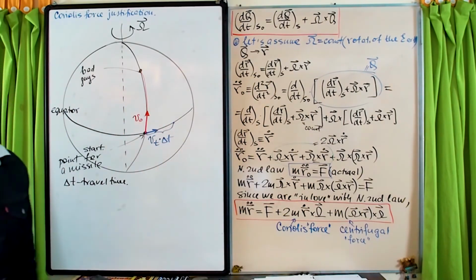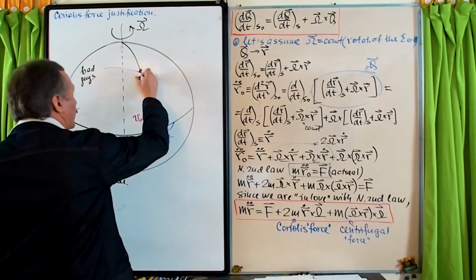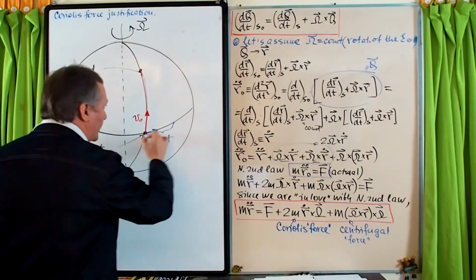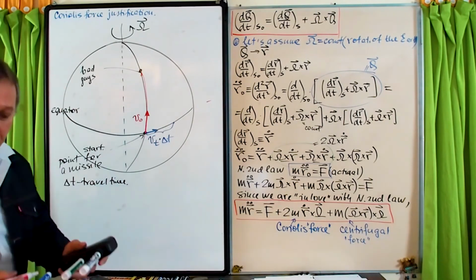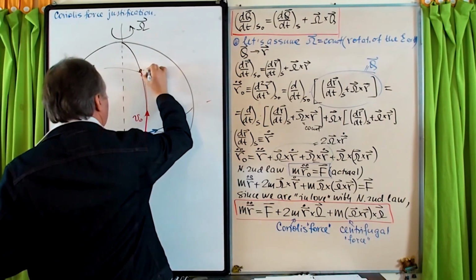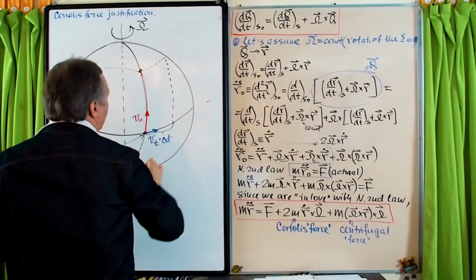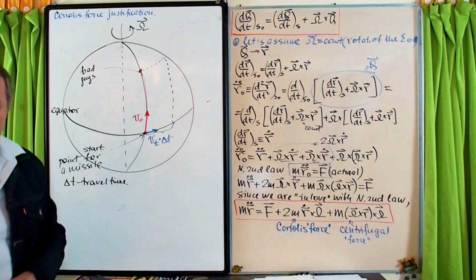So we have two displacements: one towards the north, and a second displacement to the east. If you superimpose these two displacements, you get this sort of rectangle.